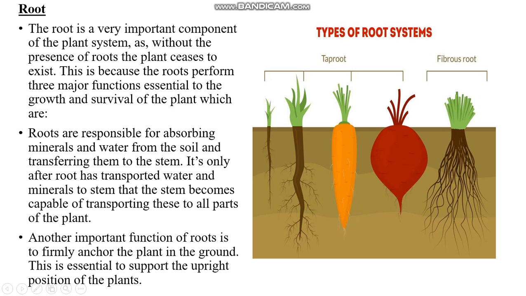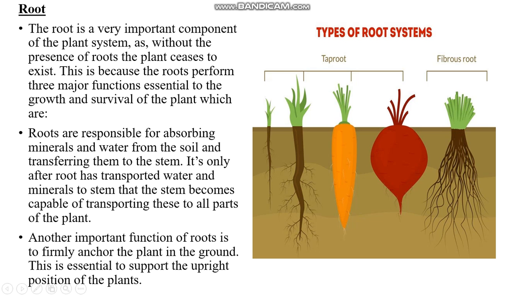In a taproot, it is very hard to pull out the plant because it goes deep into the soil. But a fibrous root can be easily pulled out because it doesn't have a main root, hence it does not go very deep into the soil.